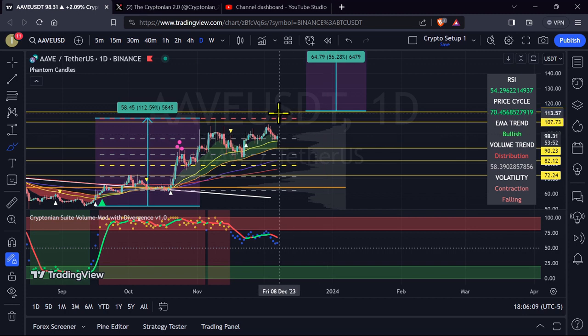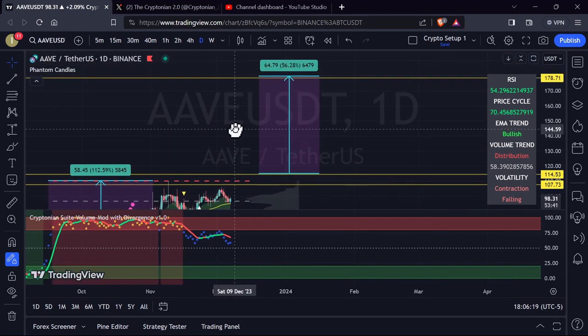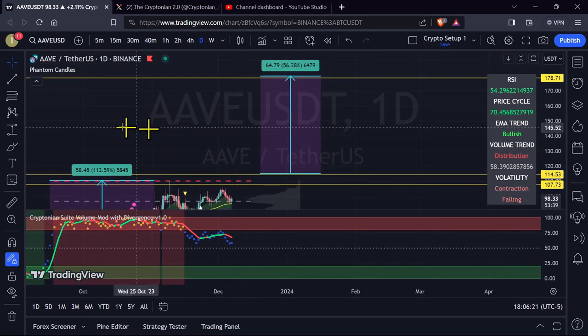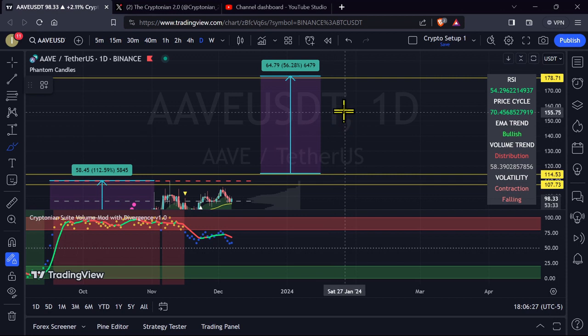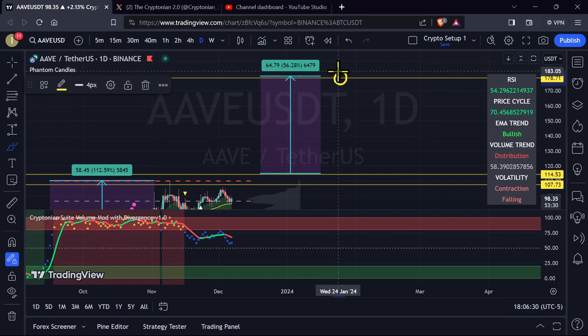And another is 114. If we get above that $114 area, there is nothing but air. There is a big price gap in between, a huge gap from 114 all the way up to 178.